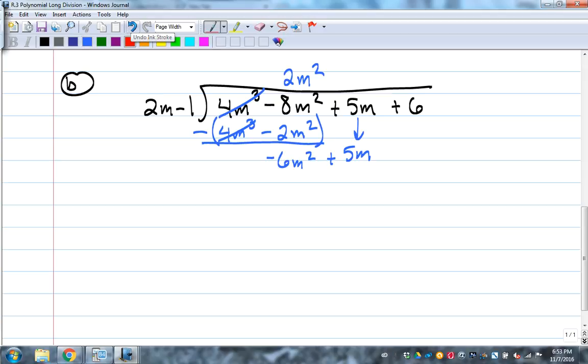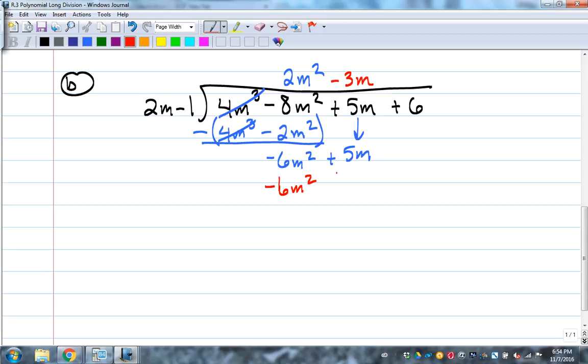Where do we look? 2m times negative 3m. Good job. And what do we do with that? Distribute. So negative 6m squared. What goes next?